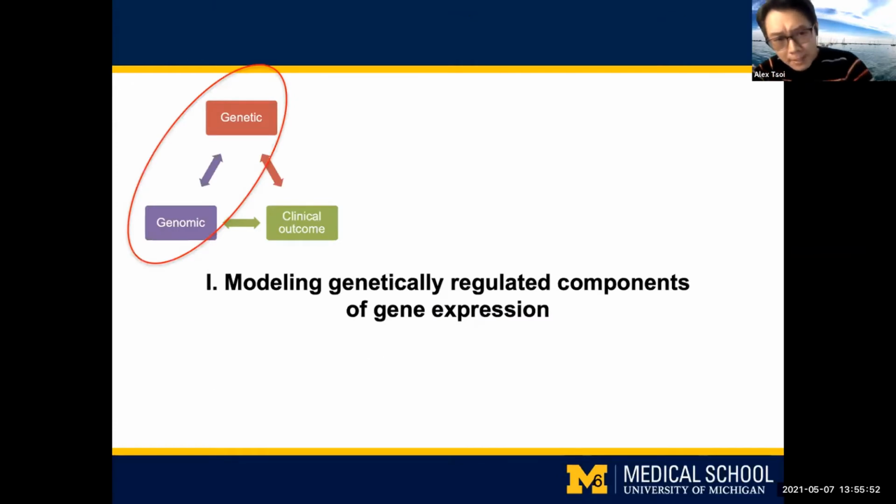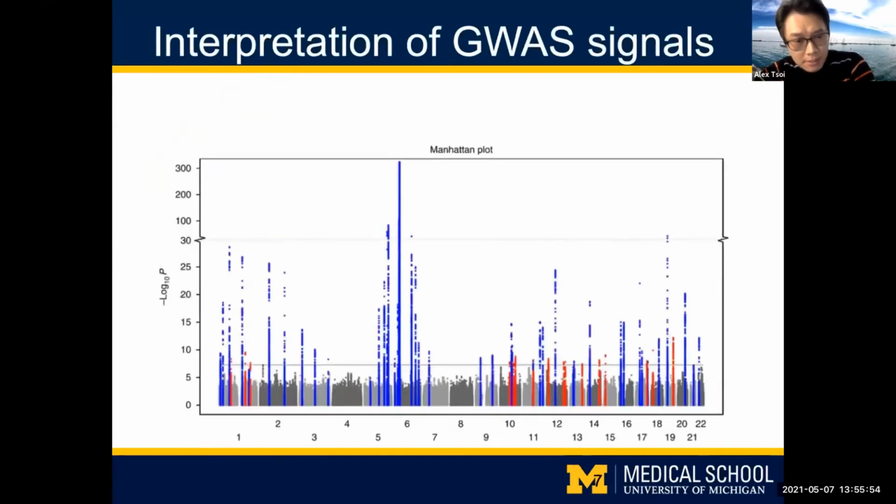This is the same plot, with each dot representing a genetic variation. The colored ones are the significant ones. The blue ones have been established and identified in prior studies, and the red ones represent loci that we recently identified. Identifying these is one thing, but at the same time we want to know what they could actually do.